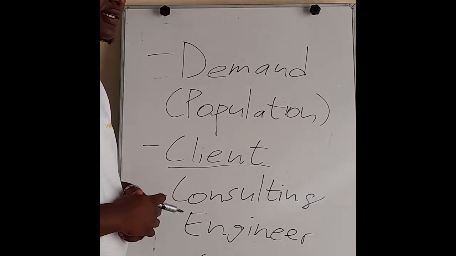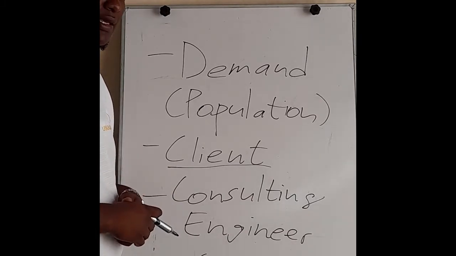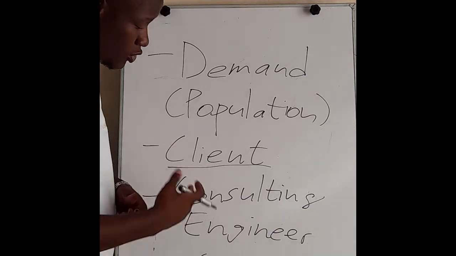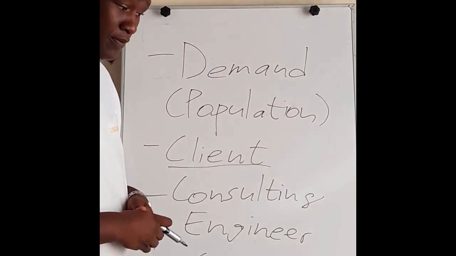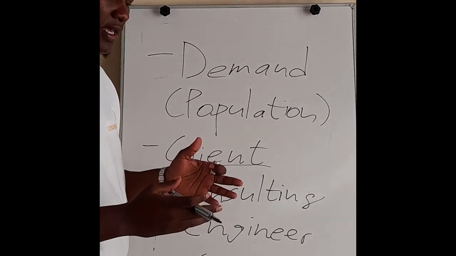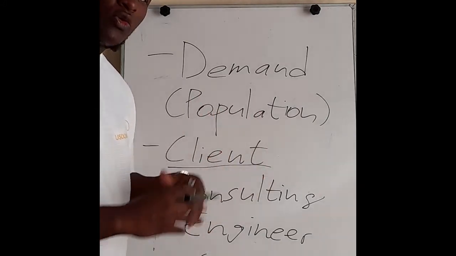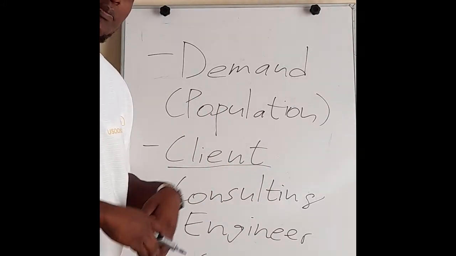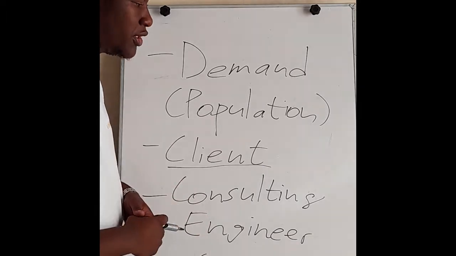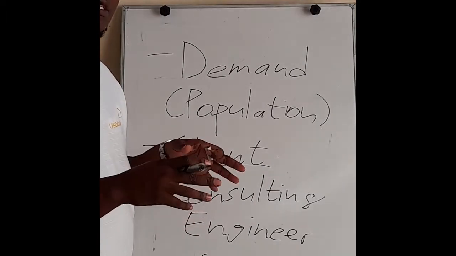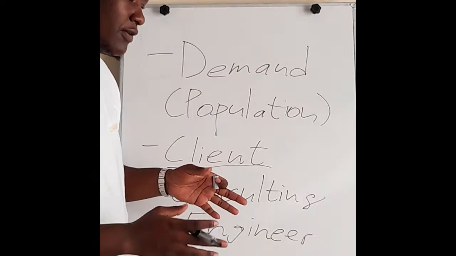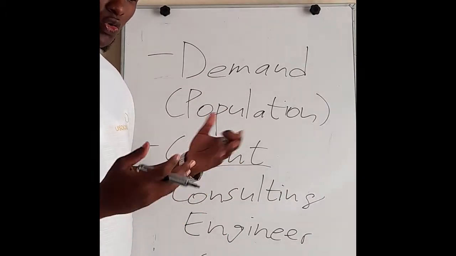So then the client finds a consulting engineering firm, just to give them a research or report, a feasibility study, that's the exact word, to say what is actually needed for such a project to go through.